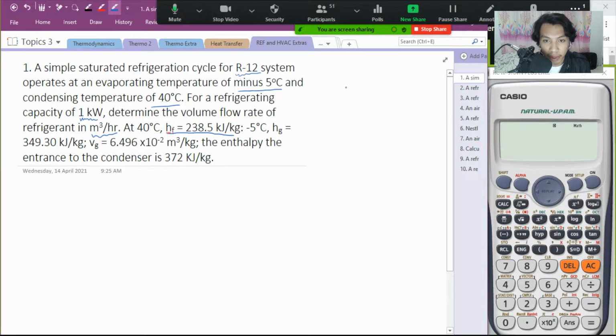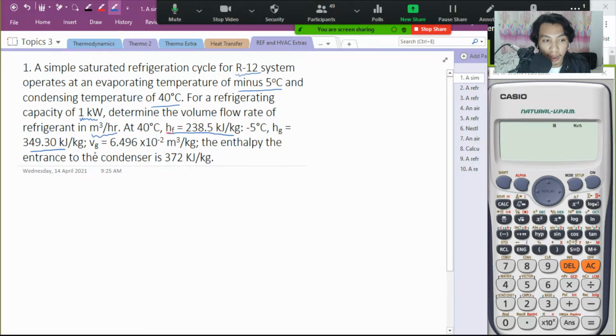Pag grinaph mo yan sa pH diagram, okay, nandun yan sa saturated line. And then at negative 5 degrees Celsius, yung Hg niya, ibig sabihin yung vapor mo is saturated. And sa value of 349.3 kilojoule per kilogram.